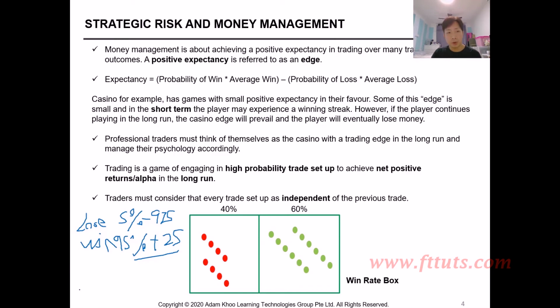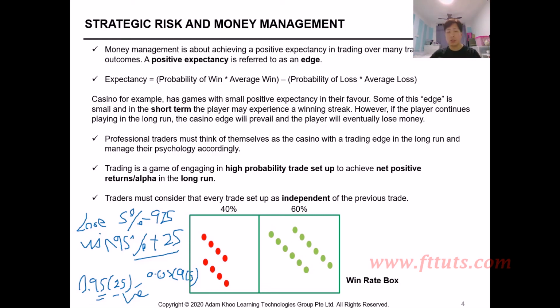If you use 0.95 times 25 minus 0.05 times 975, I believe you'll get a negative value. That means that even though you'll be very happy 95% of the time making some money, all you need is just 5% of the time to burst your account.